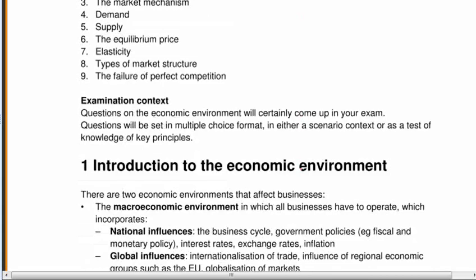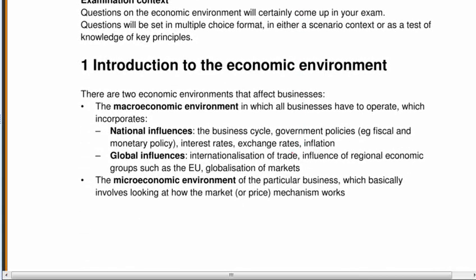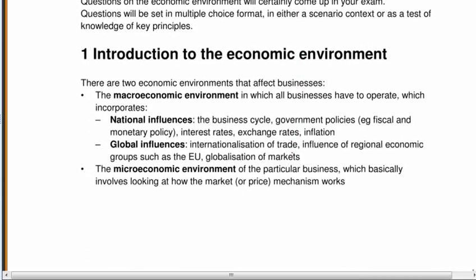First of all, introduction. Now what this section is doing is introducing us to two key terms within economics. We've got macroeconomics and we've got microeconomics. Now, my old economics tutor always used to say to us that macro has got an A in it, and that stands for all.